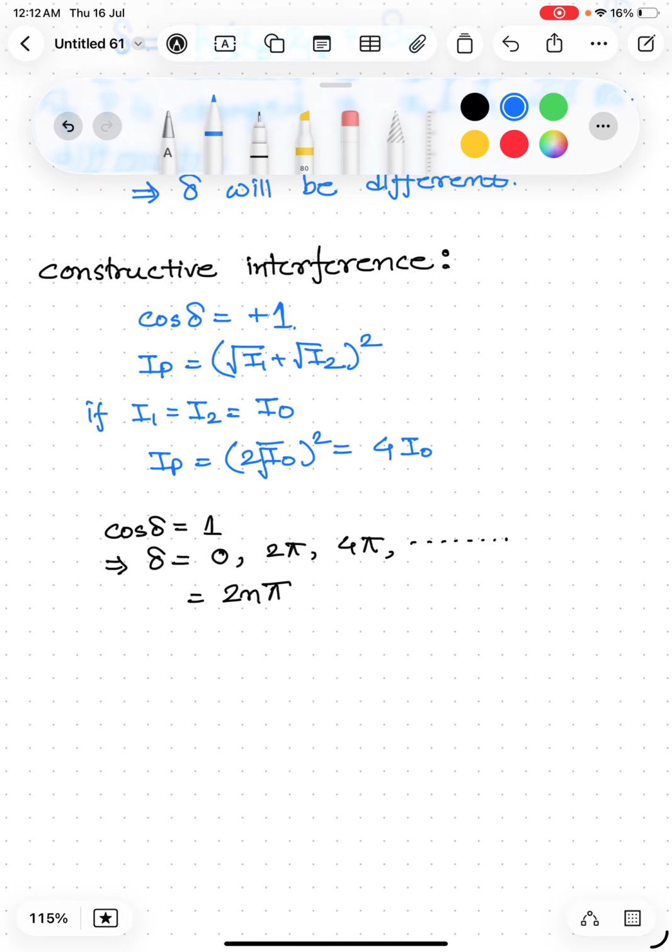Now I know that delta equals k into x2 minus x1 plus delta naught. Delta naught was the initial phase difference between the two sources.